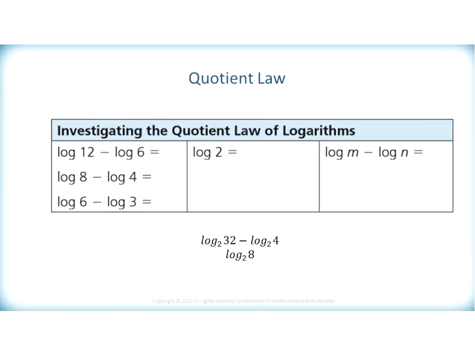Let's have a look at the quotient law. If you wish, you could also pause the clip, put log 2 in on your calculator, and it should give you 0.3010 and so on. Also put log 12 subtract log 6. It should give you the same.